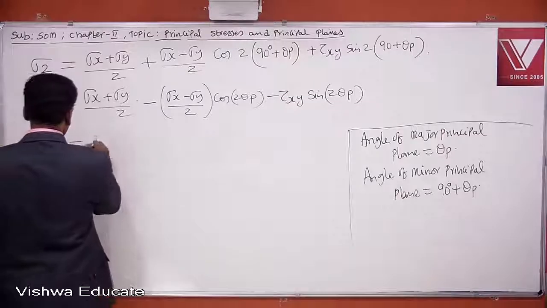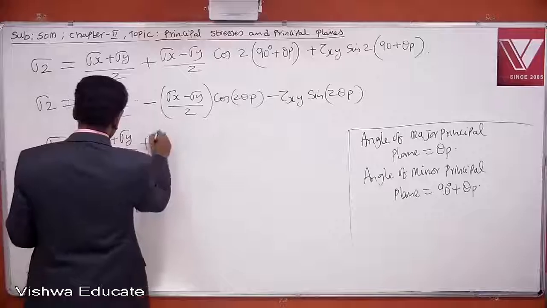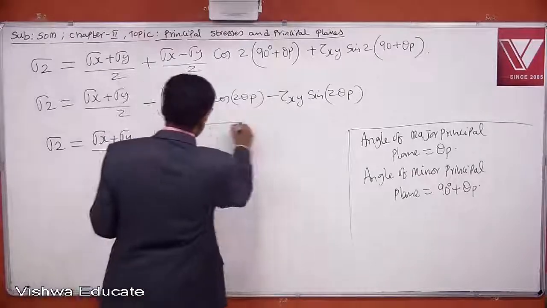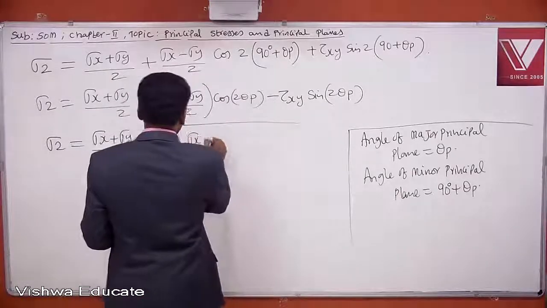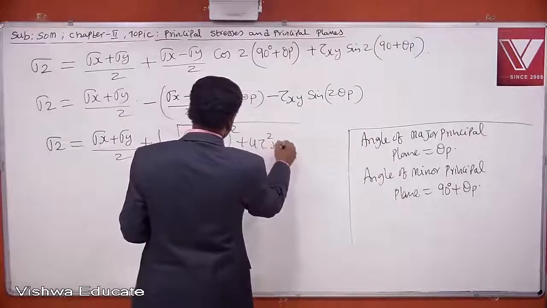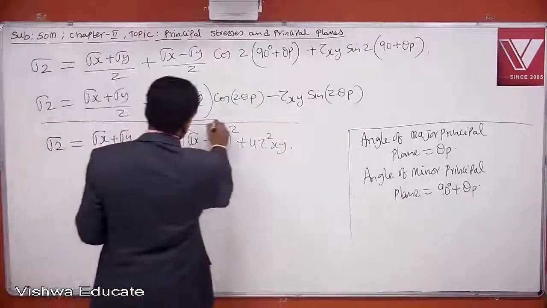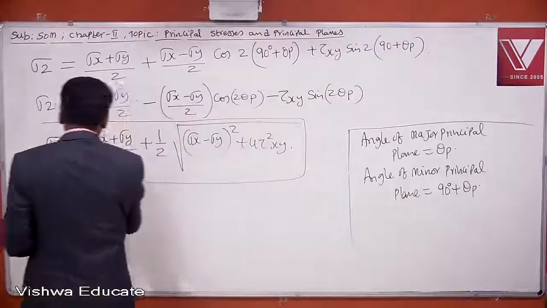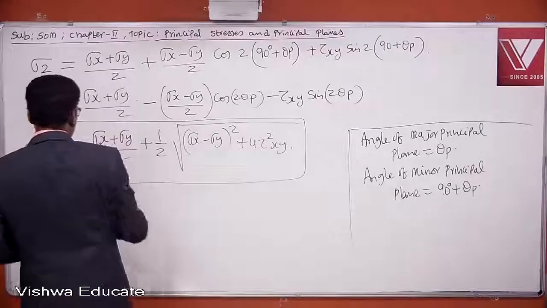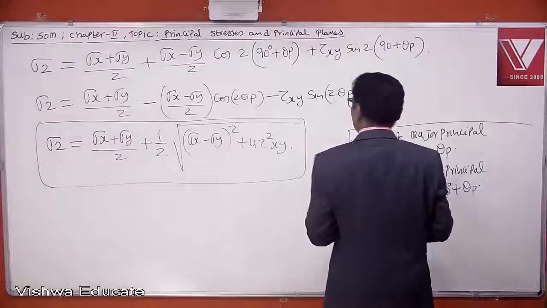Sigma 2 is equal to sigma x plus sigma y by 2 plus half into square root of sigma x minus sigma y whole square plus 4 tau square xy. If you simplify, automatically you will get this one, right? So this is the formula for minor principal stress.